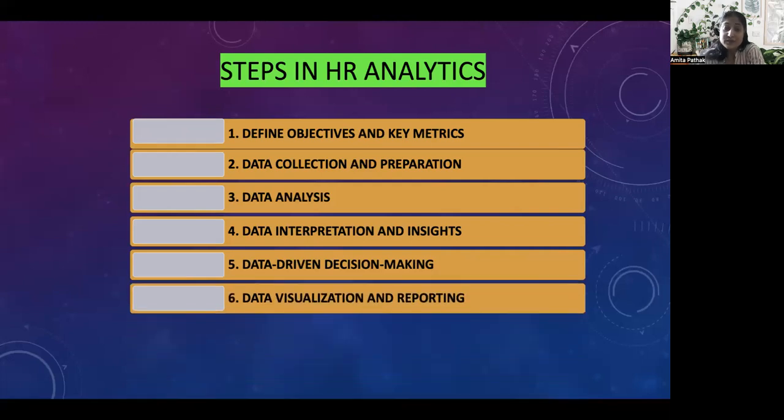Data visualization and reporting. It means that I have certain facts to show you. But if I show you on a piece of paper, is it okay? Or should I use certain creative, mind-blowing things so that when you see it, you will say, wow?